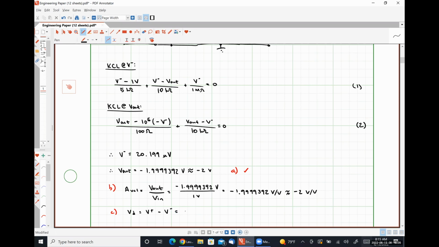So that's going to look like 0 volts minus 20.199 microvolts, or negative 20.199 microvolts. This is another thing that we are going to see is characteristic of negative feedback circuits. The differential voltage will always come out to be a very, very small quantity.